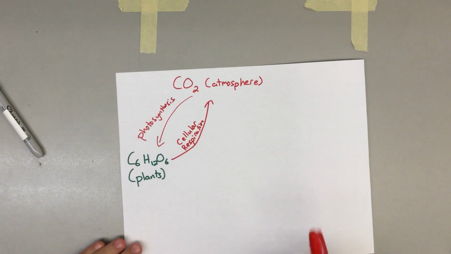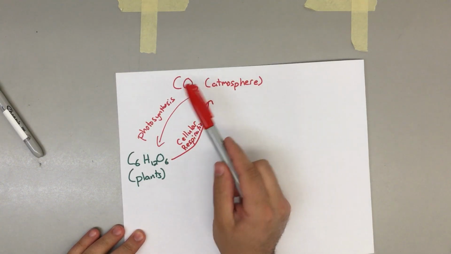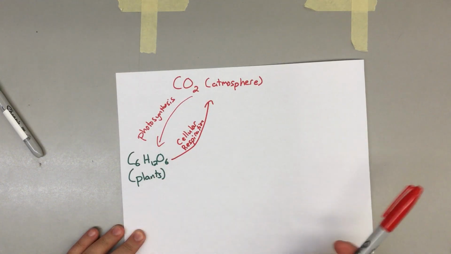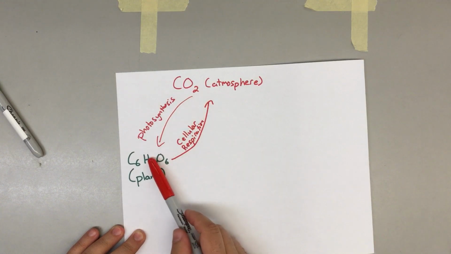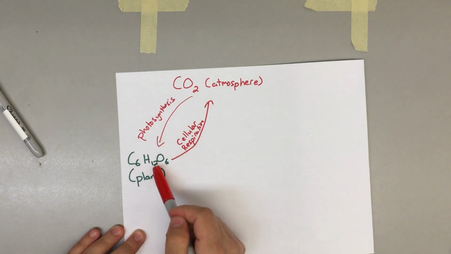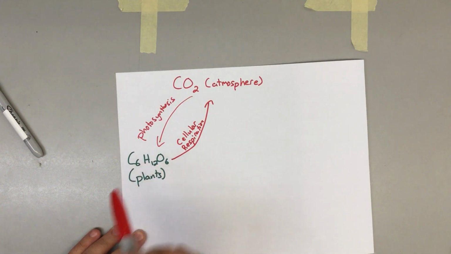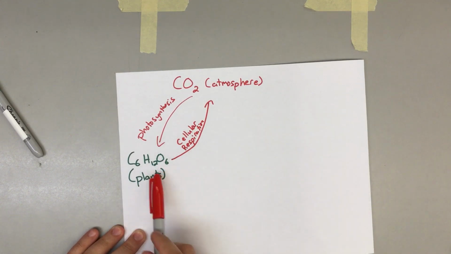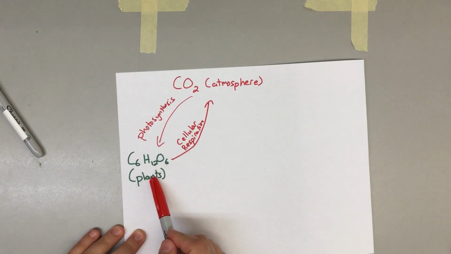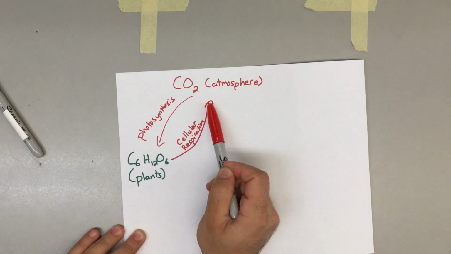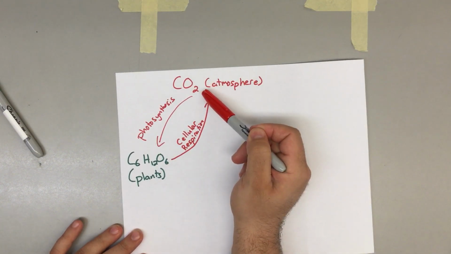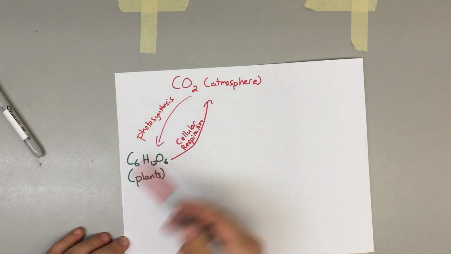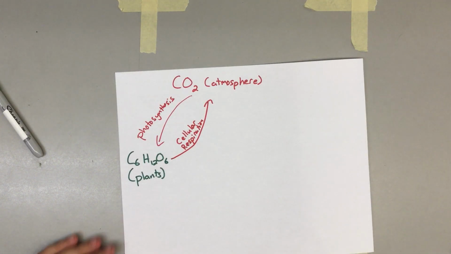And you can see we have a little tiny carbon cycle here. Carbon dioxide and water go through the process of photosynthesis to make carbohydrates and oxygen. That carbohydrate is then used by the plant through cellular respiration to release CO2 back up into the atmosphere. Water is also released at this time.